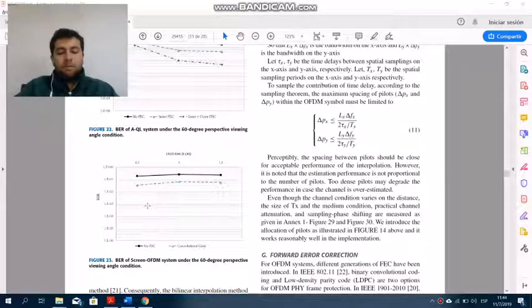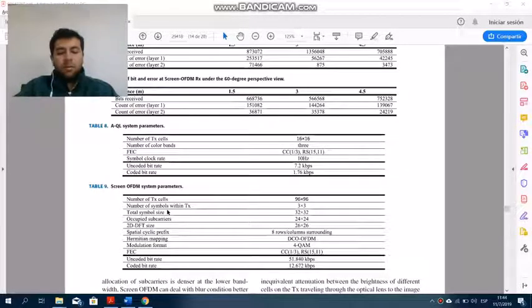Detail parameters used for the AQL system and the OFDM screen system are given in Table 8 and Table 9. To reveal the reliability of our implemented system, a capture software and the user interfaces are illustrated in Figure 24 through Figure 26.